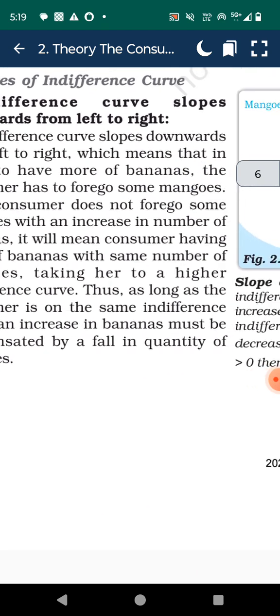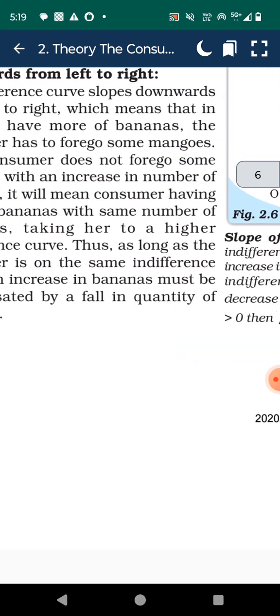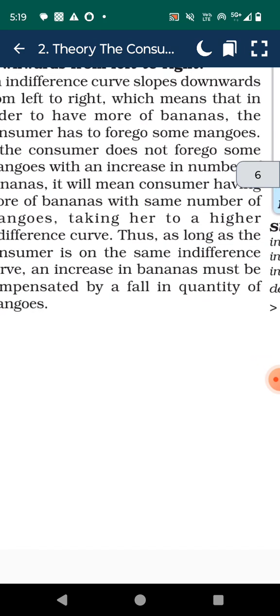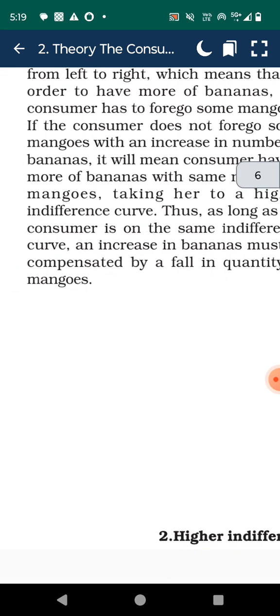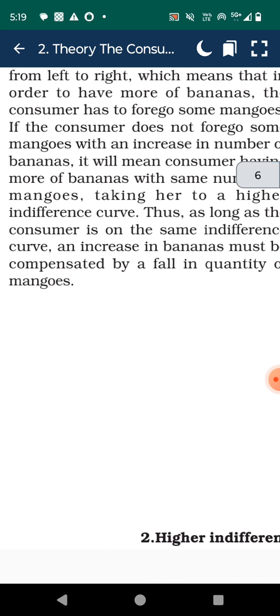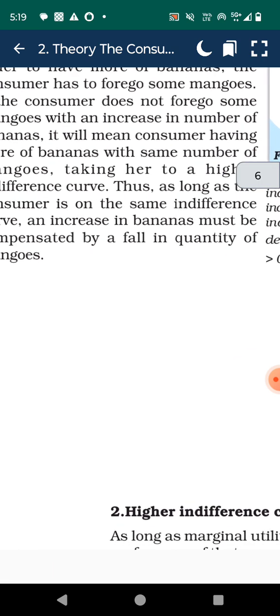Features of indifference curves: they slope downward from left to right. An indifference curve slopes downward from left to right, which means that in order to have more bananas, the consumer has to forego some mangoes.